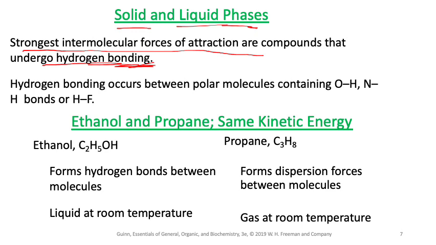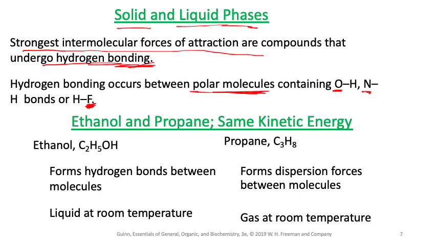And we already know the requirement for hydrogen bonding: the hydrogen has to be connected with oxygen, nitrogen, or fluorine, right? If any polar molecule meets these conditions, it can make a hydrogen bond and have strong intermolecular forces, so it usually exists as a liquid or solid, not as a gas, because of the strong intermolecular forces between them.